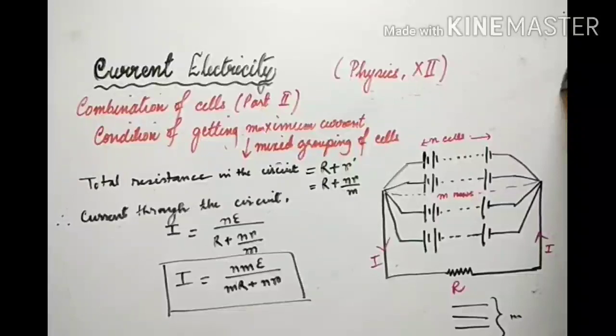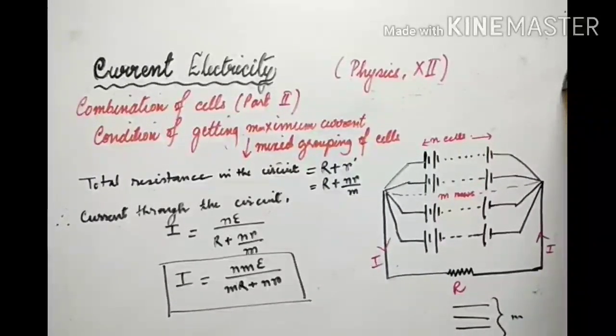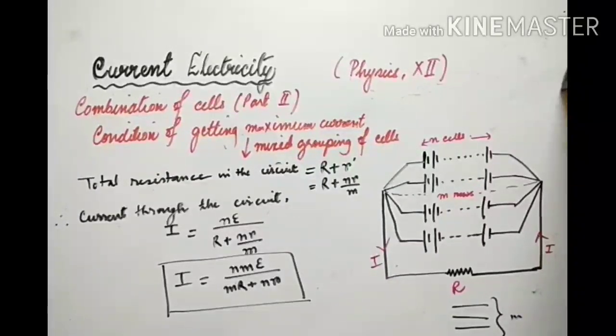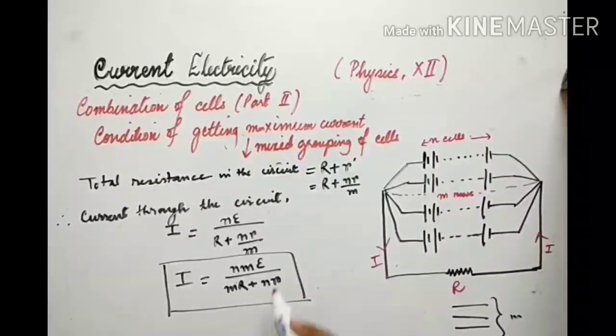Remember this, very important for numericals. Now we have to find out the condition for getting maximum current. We will get maximum current when the denominator is minimum, since they are inversely dependent. If the denominator becomes maximum, the current will be minimum, but we want the current maximum, so the denominator should be minimum.